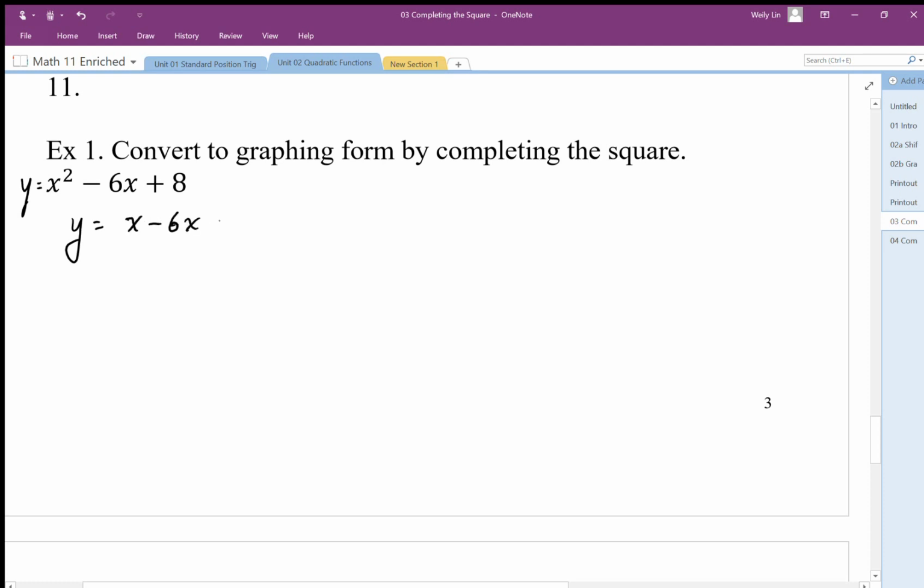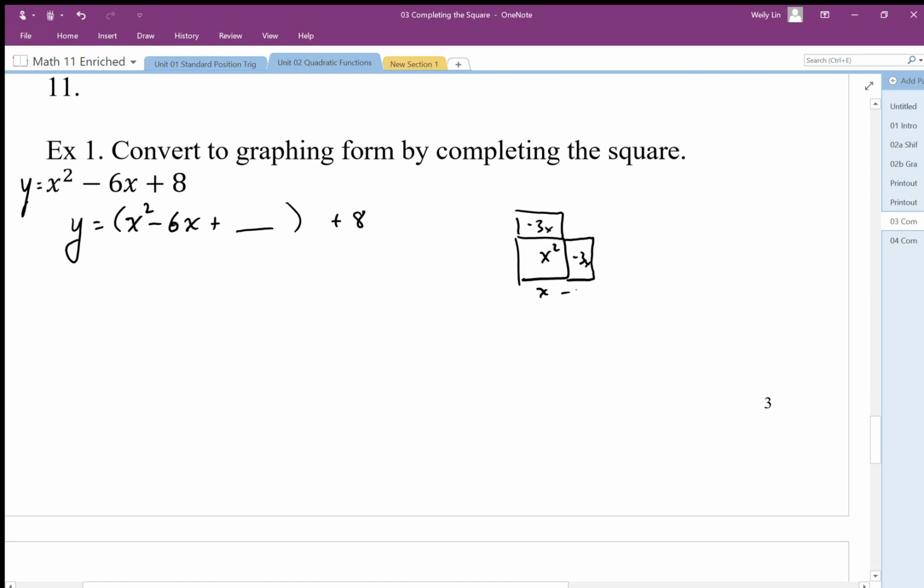So what I'm going to do is set up my completed square. There's my x squared. I need to symmetrically distribute the negative 6x's so I can make a square, so it has to be symmetrical. I'm going to have negative 3x here and negative 3x here.